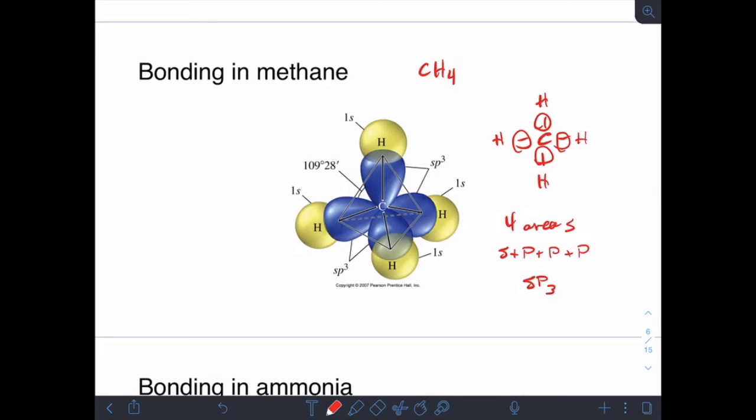The other important thing is that each one of these bonds is an sp3 orbital. That means I have 4 sp3 hybrid orbitals, and they each directly overlap with the 1s of the hydrogen. The hybridization itself is why they orient in the 109.5 degree bond angles.